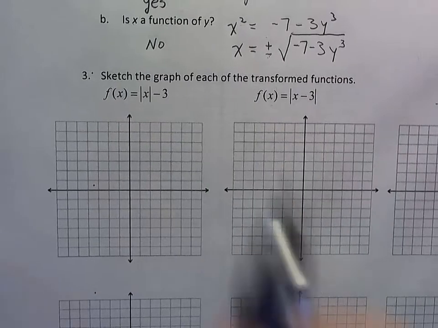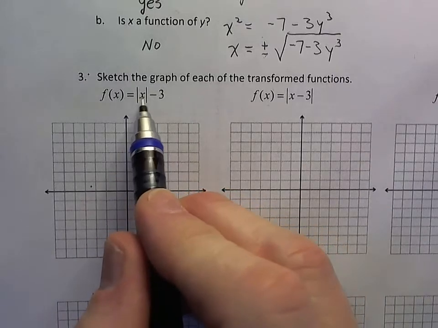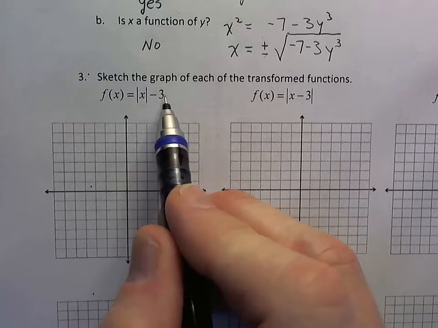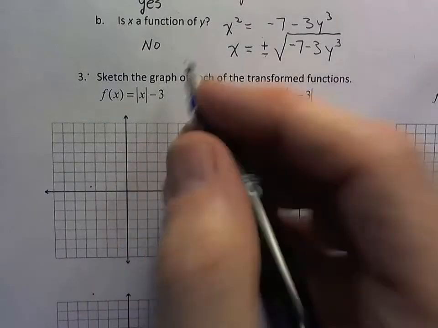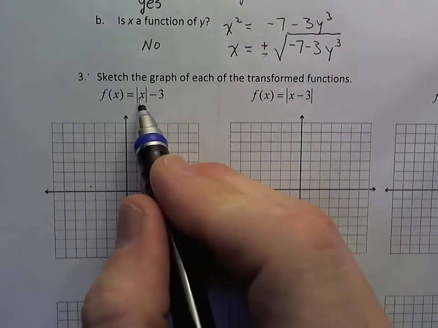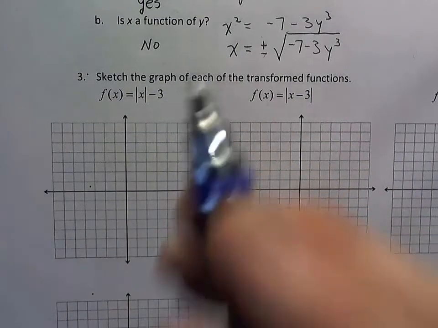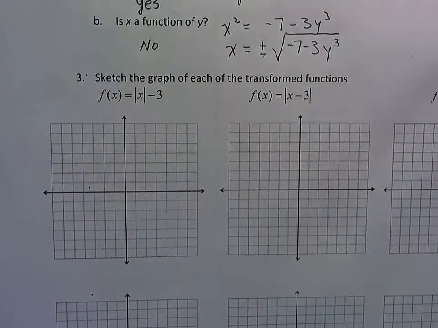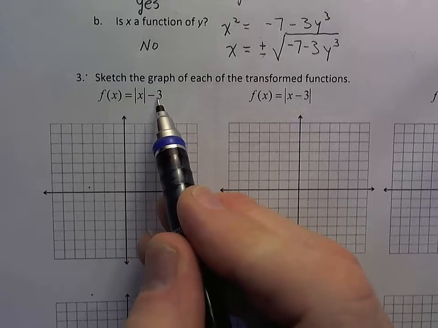Okay, so now let's think about how we use the parent functions and these transformations to figure out what the graph looks like. So we've got this absolute value of x minus 3. Now, we immediately note, okay, well, this is just the parent function being shifted down 3.